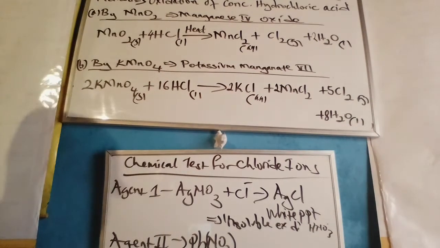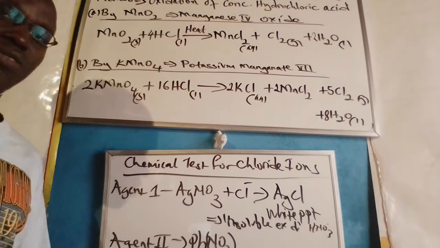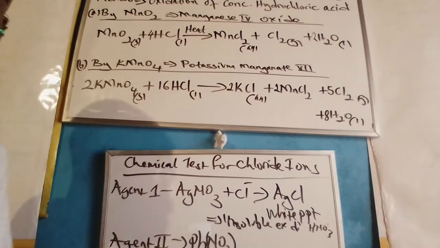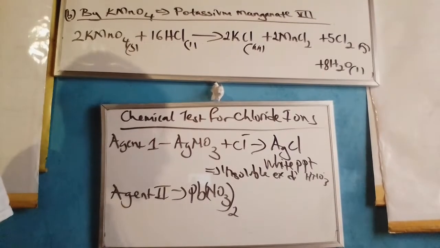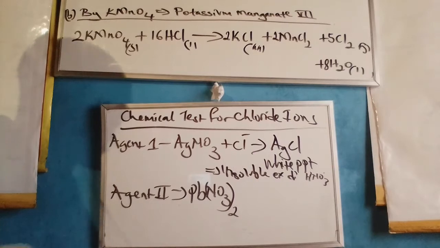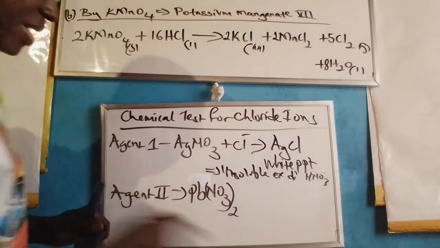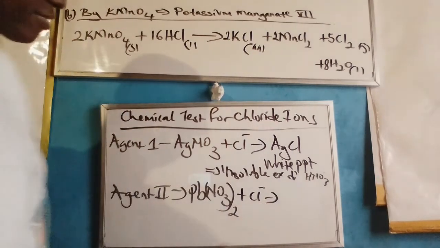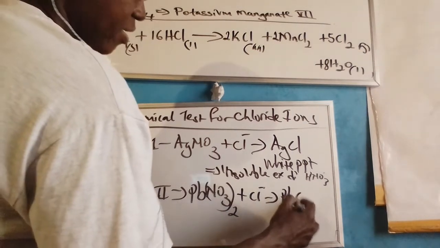Number 2, in the event that you use lead nitrate to test for the chloride ions, the same procedure will follow of first treating the solution with dilute nitric acid to eliminate the cations. Now, once chlorides are freed, we add the lead nitrate, and we expect that the presence of chloride ions interacting with lead nitrate would precipitate lead chloride.